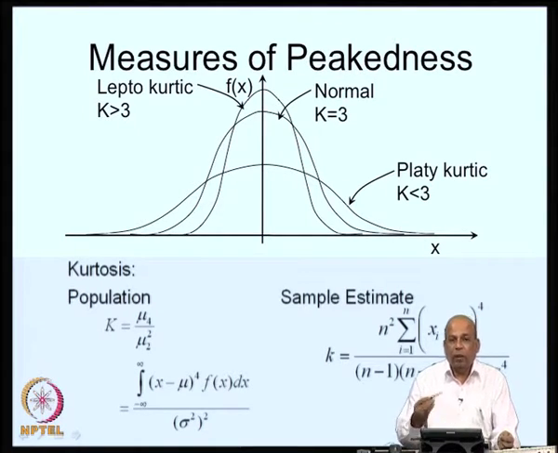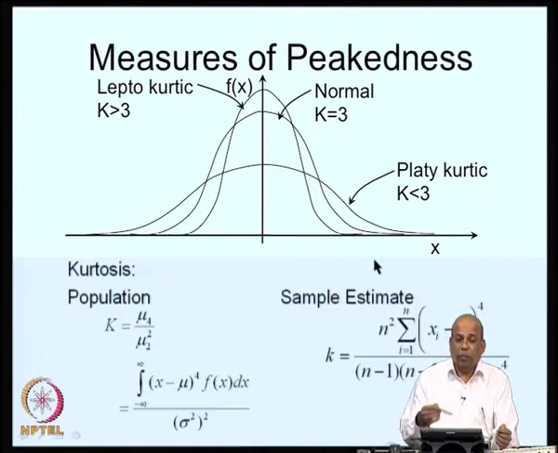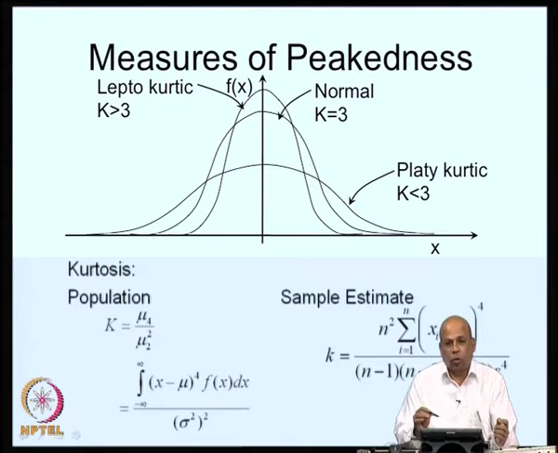So, how peaked is the distribution? You look at this distribution, for example, which is much flatter compared to the normal distribution, and then there may be another distribution which has the same spread, same mean, same mode, same median, etcetera, and may even have the same skewness coefficient, but a different peakedness. The distribution has a much higher peak compared to the so called normal distribution.